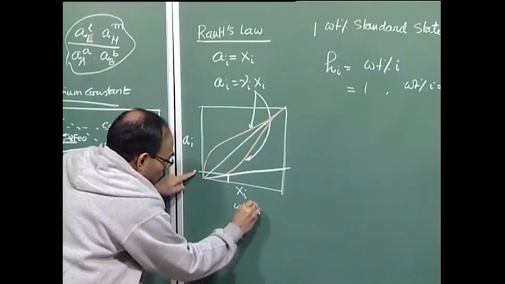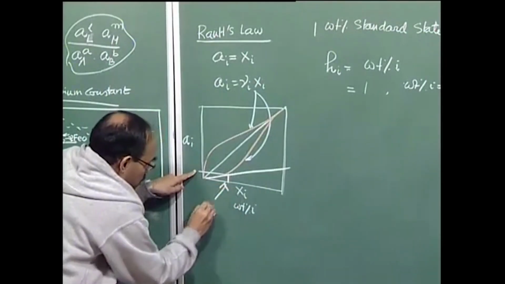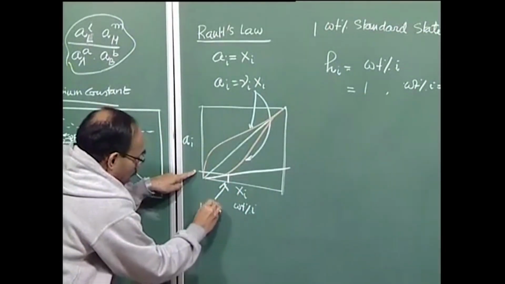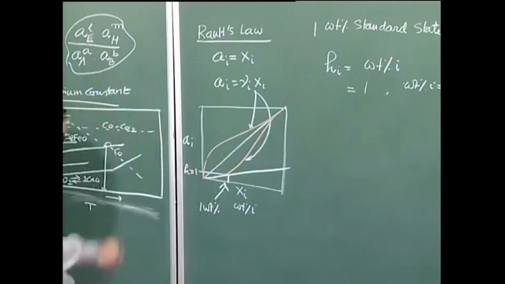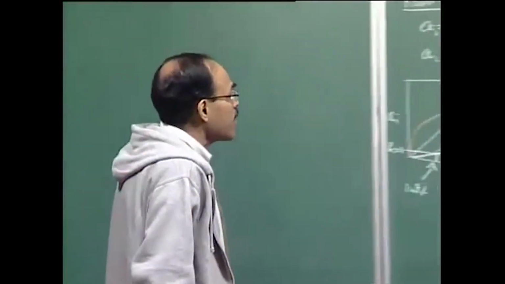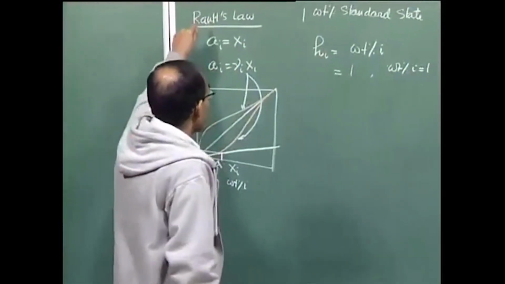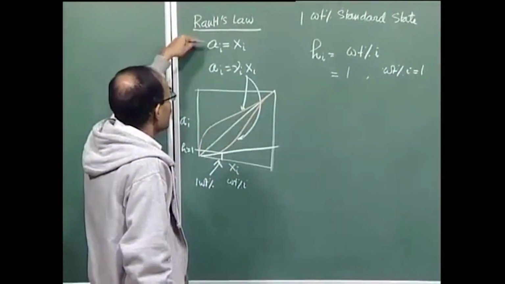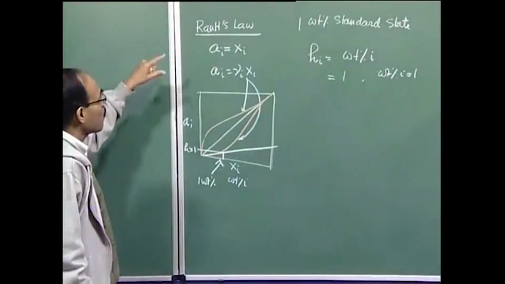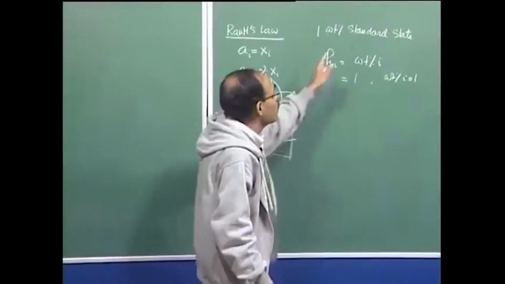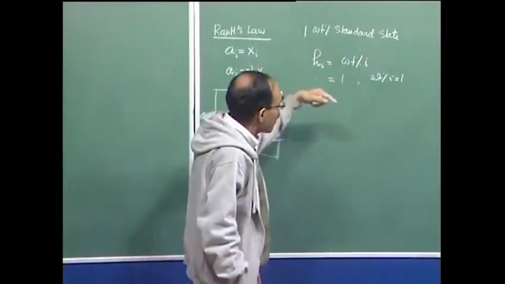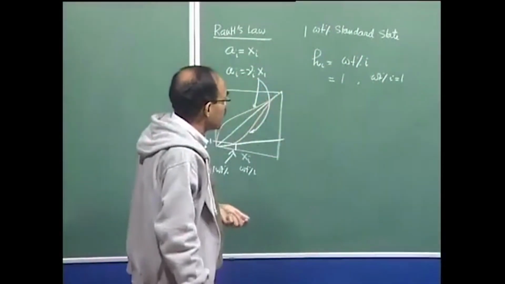So, this point is actually 1 weight percentage and here the activity is equal to 1. At the pure state we have a reference with pure elements or pure compounds, and with respect to the 1 weight percent standard state we can again have the same kind of evaluation.